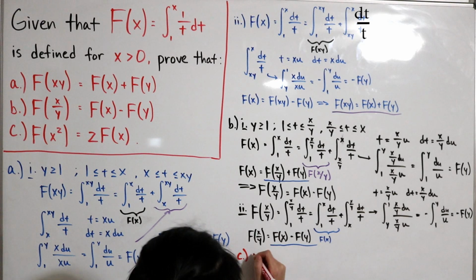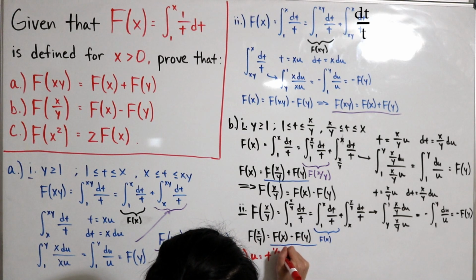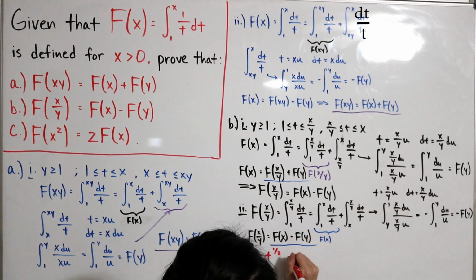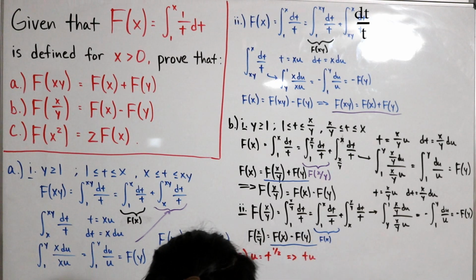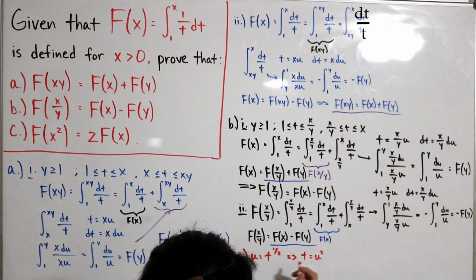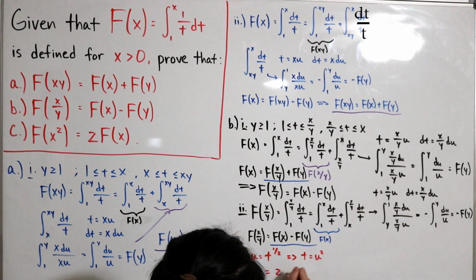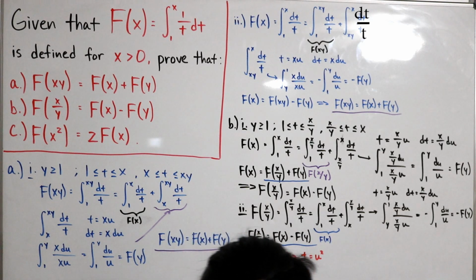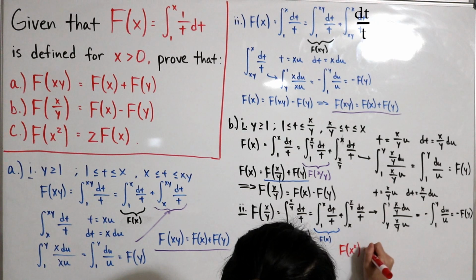If you choose your substitution carefully, if we let u equals t to the power 1 divided by z, or in other words, you can write this as t is equal to u to the power z, then we just differentiate both sides. So dt is equal to, just use the power rule, z times u to the power z subtract 1 du, right?